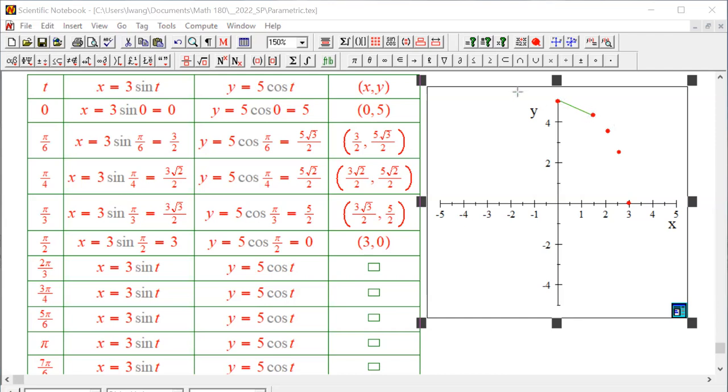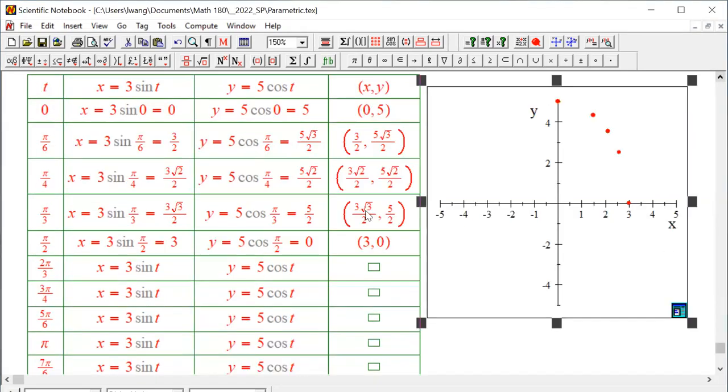Okay, so here's the direction. If a particle travels on this curve in this direction, starting from 0,5, it goes that way. Okay, clockwise.